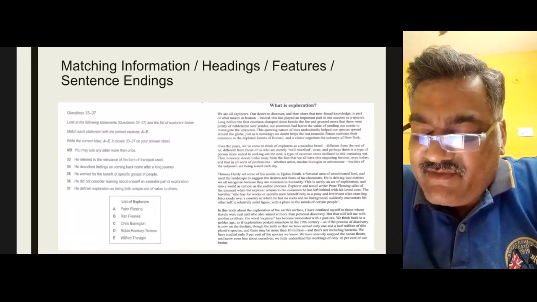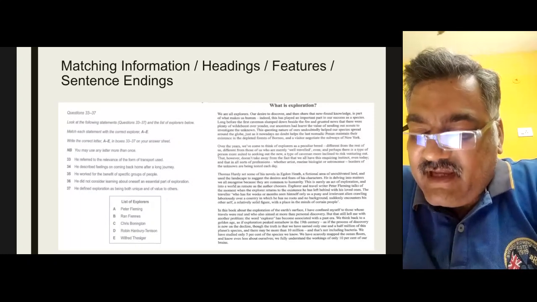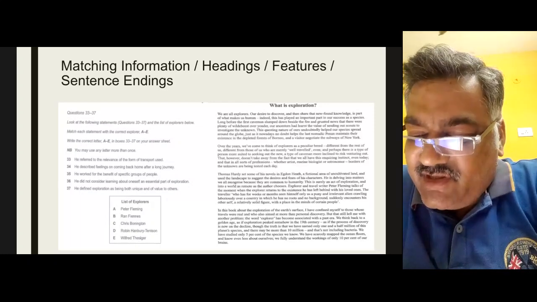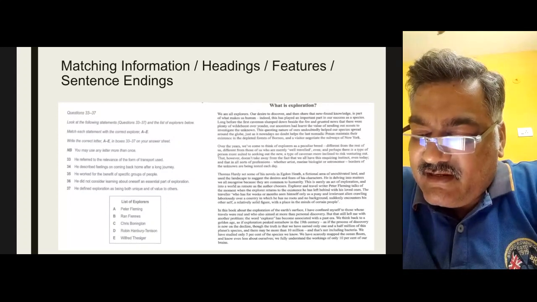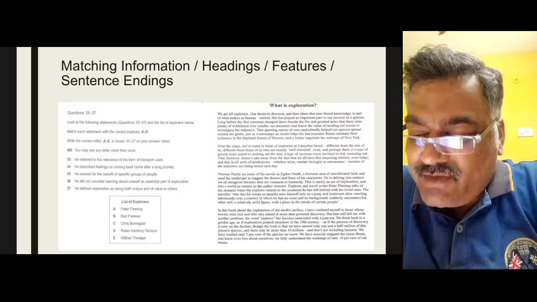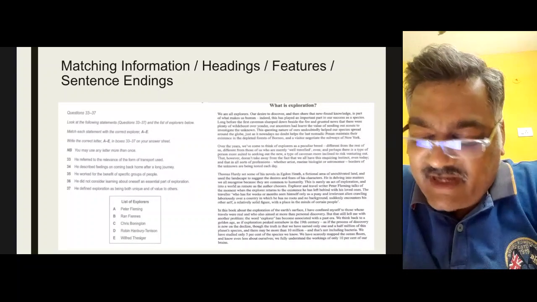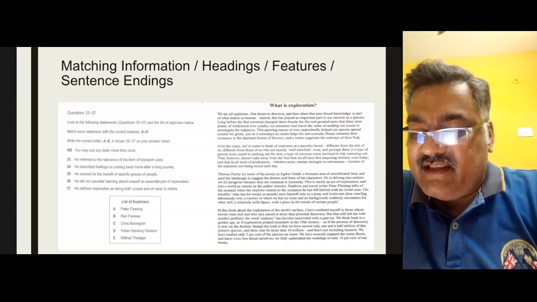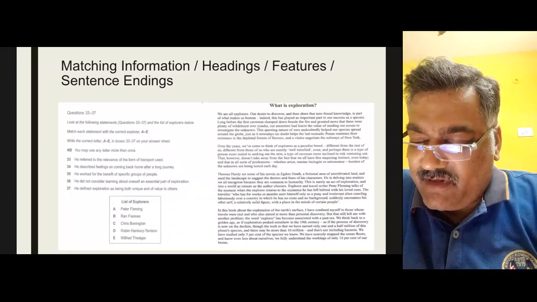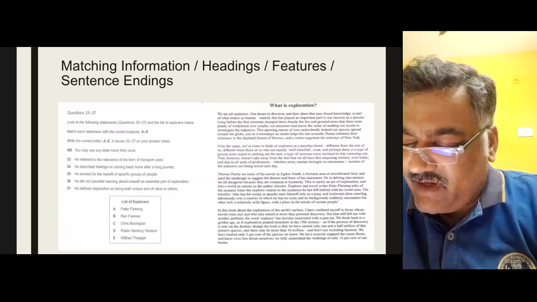So as we can see over here in questions 33 to 37, they've given us a clear instruction that you may use any letter more than once. So from the list of explorers to the statements given, we can use the alphabets multiple times. Let's take for example Peter Fleming.